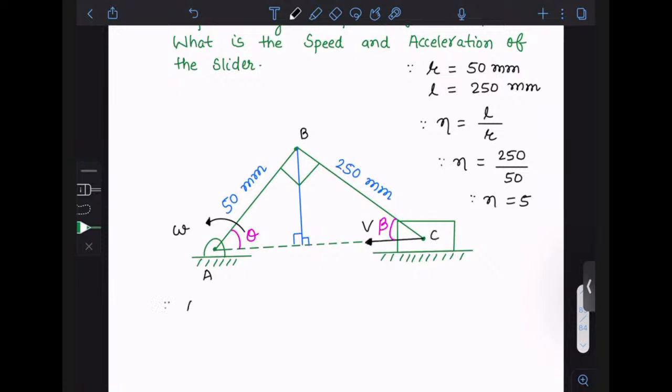Then we can write AC is equal to AB square plus BC square. 50 square plus 250 square. Therefore, AC we have what? Actually, I missed my calculator, so it will be 1 minute. Let me take it.